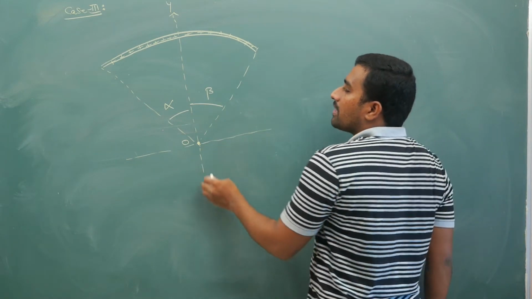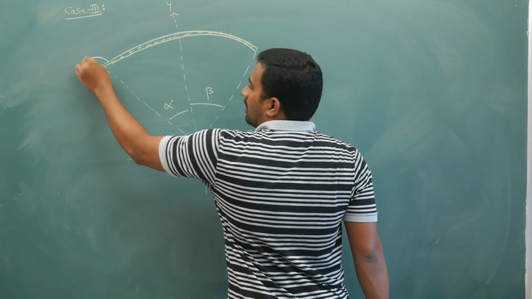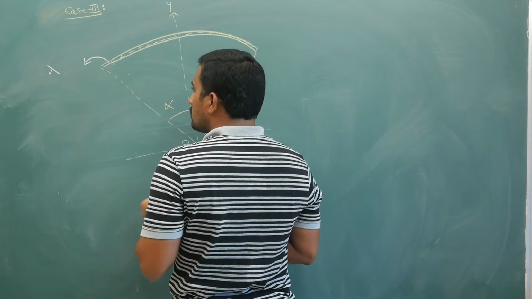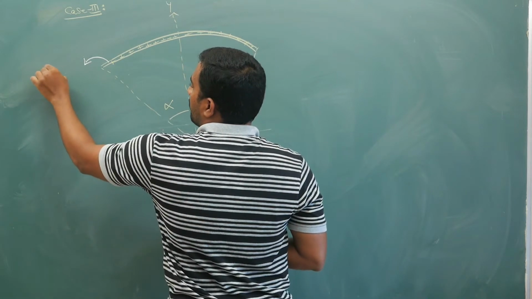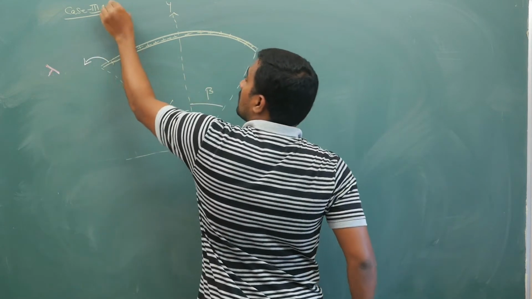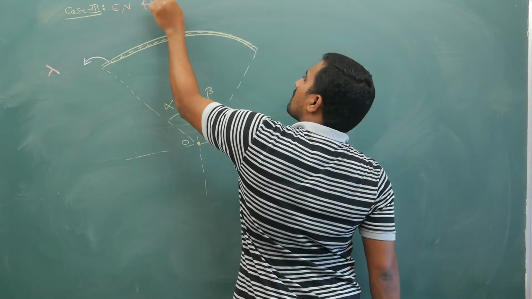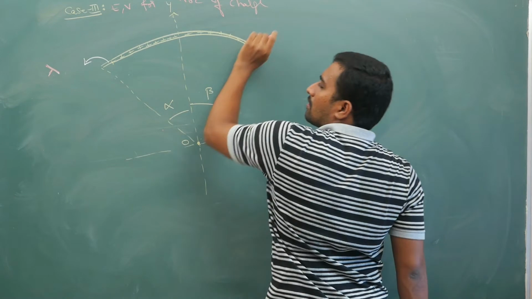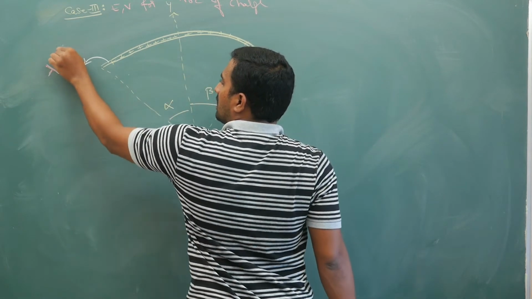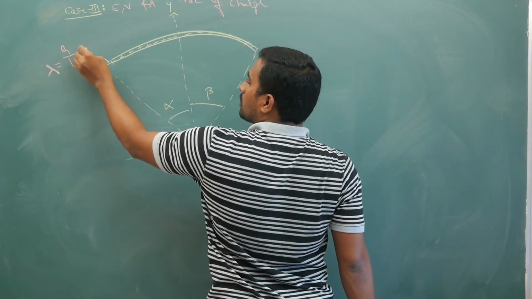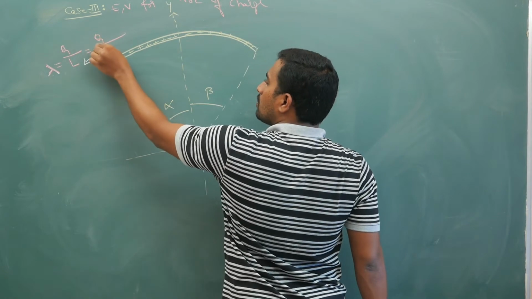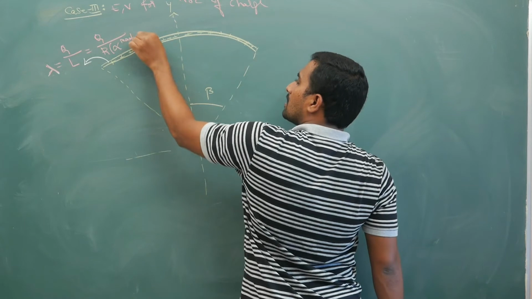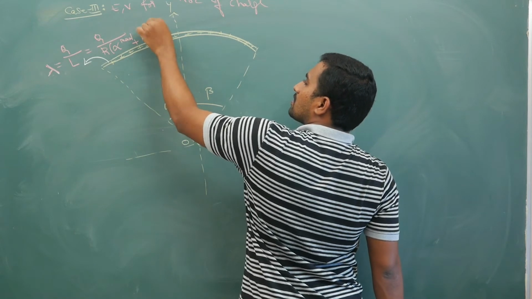So for this figure, your lambda is given by, assume it is uniform charge. Case 3 is E comma V for an arc of charge. Your lambda is total charge by total length, that is equal to Q by R times alpha in radians plus beta in radians.